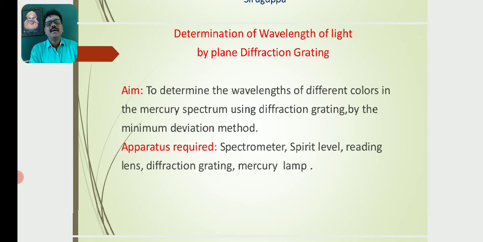Which apparatus is required? A spectrometer, a spirit level, a reading lens, a diffraction grating, and a mercury lamp. These are the equipments we need for the determination of wavelength of different colors by using a plane diffraction grating.